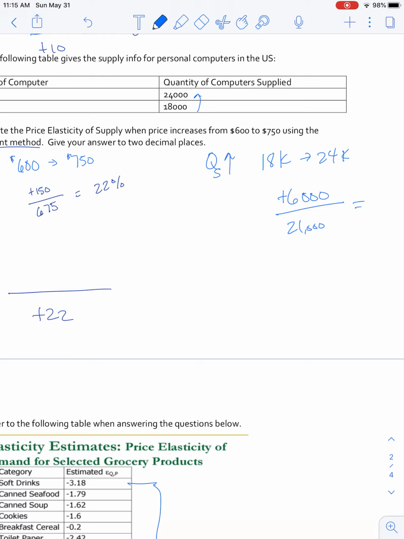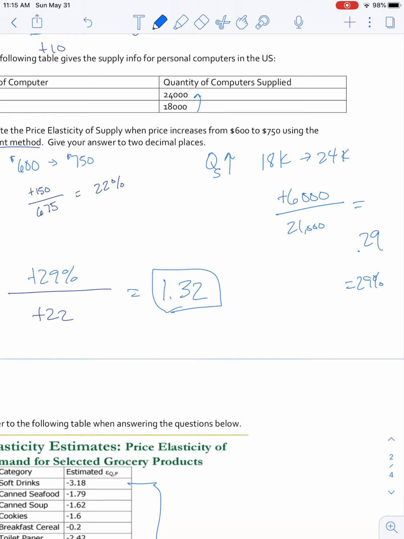So we'll call it 0.29 because that's what I did before. That's a little bit sloppy, that's my bad. So it goes up by 29%. And so if we put 29% over the 22%, we get 29 divided by 22, which is 1.32.